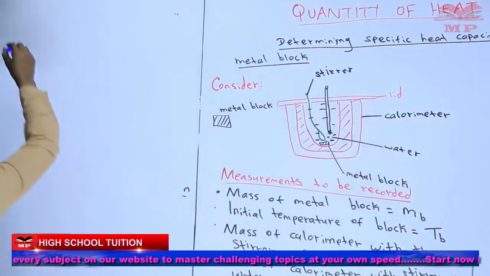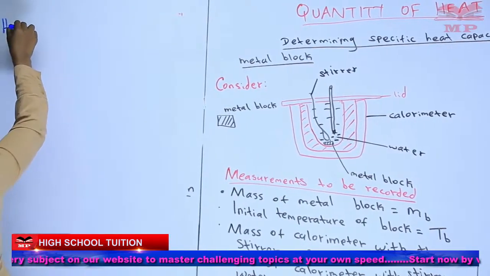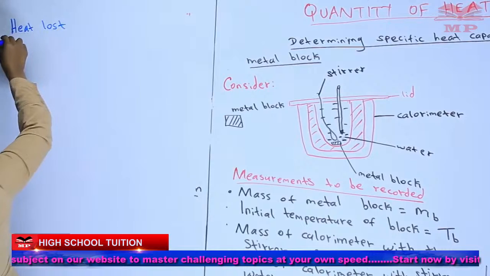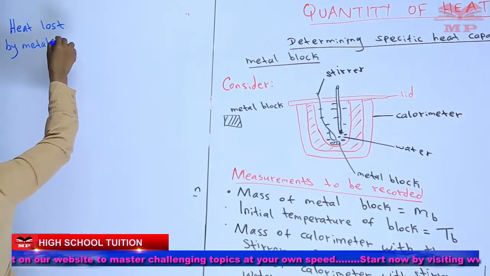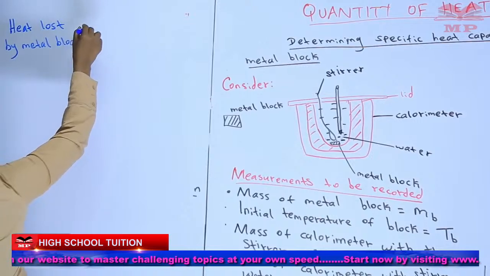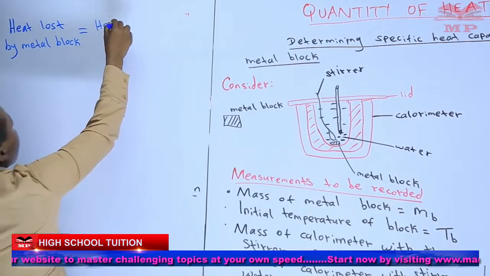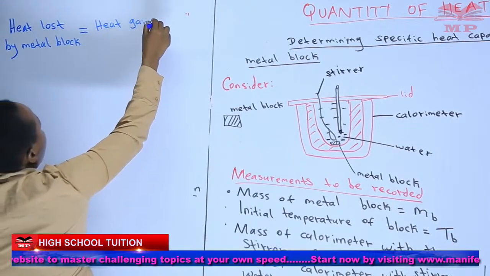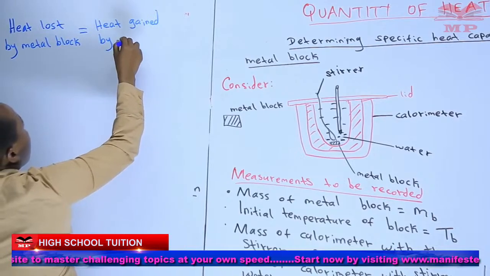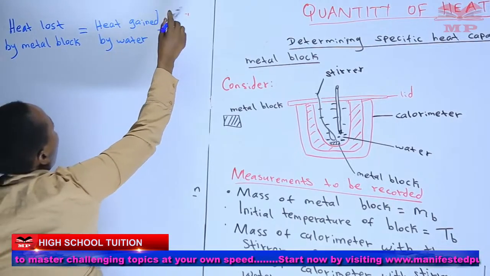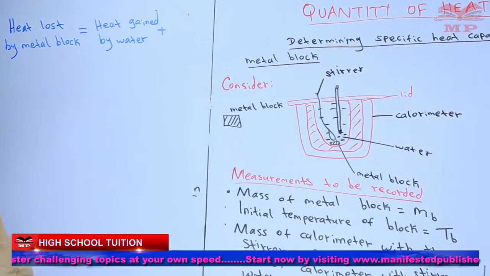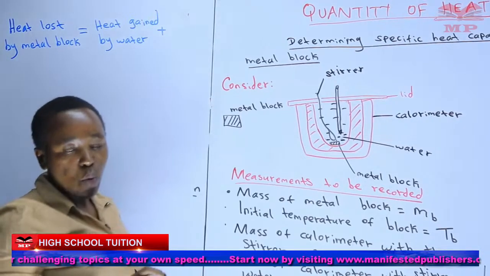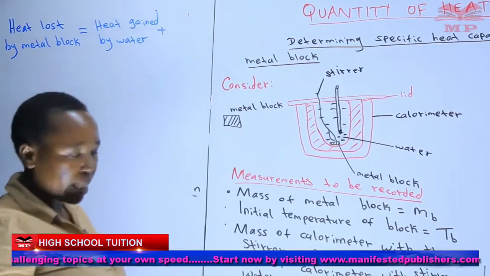So we are going to say therefore that heat lost by the metal block will be equal to heat gained by the water. That is one. What else is gaining heat in this experiment? We also have our calorimeter, which is also gaining heat.